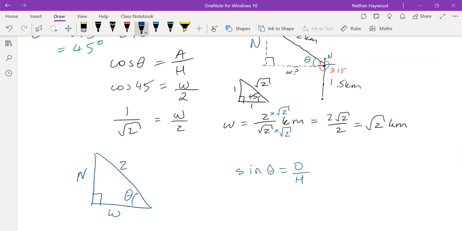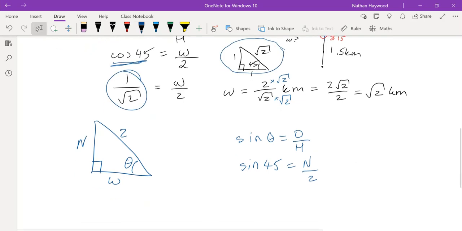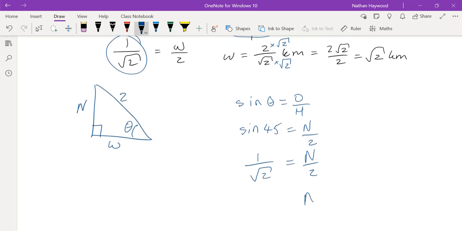Sine theta. We figured out yesterday that theta was 45, the opposite is N, and the hypotenuse is 2. Sine 45 is equal to the opposite, which is 1 over square root 2. So we can rearrange this, so we can bring the 2 over to get N by itself.